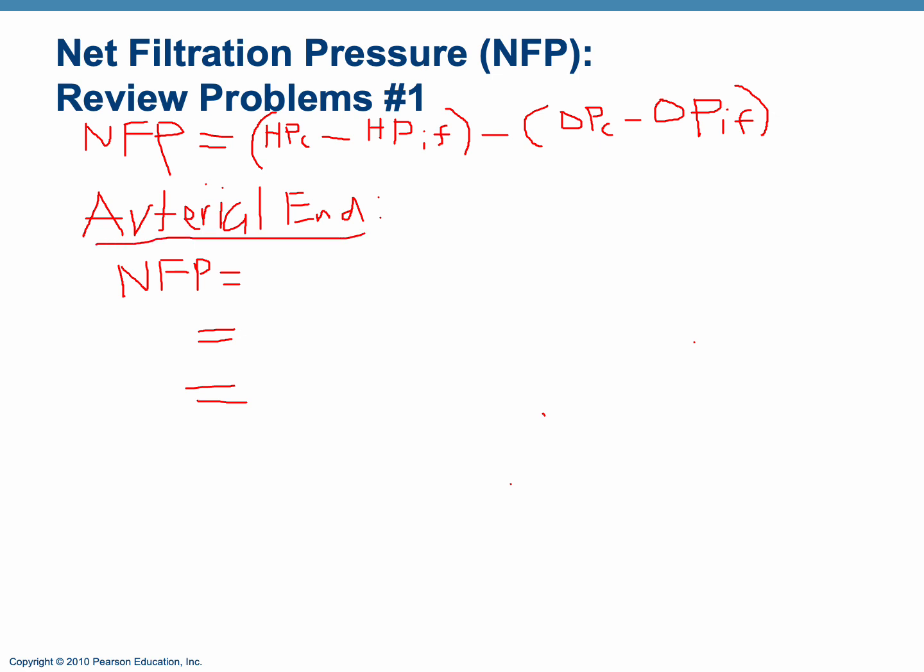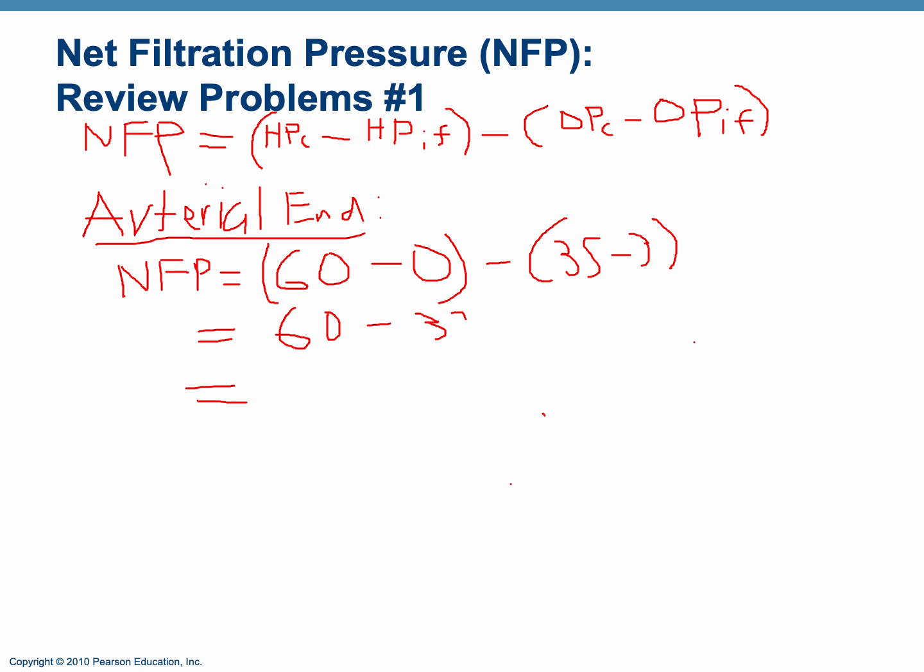Based off the information provided for the arterial end, you would have had 60 minus 0 in parentheses, minus in parentheses, 35 minus 3. 60 minus 0 is 60. 35 minus 3 is 32.